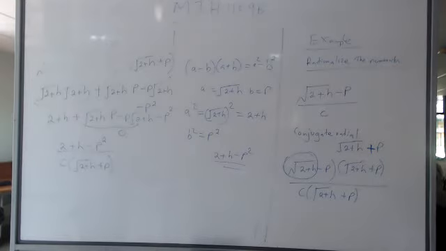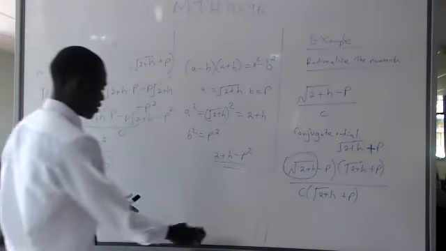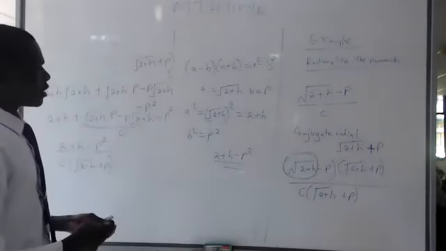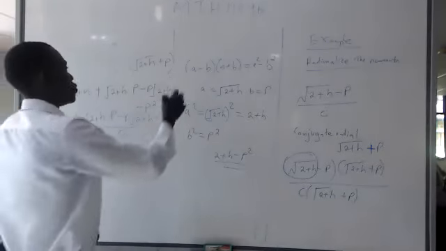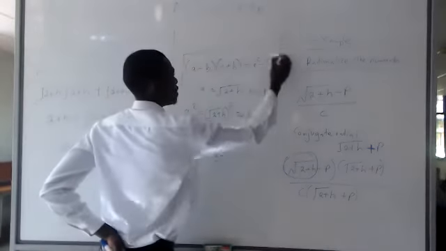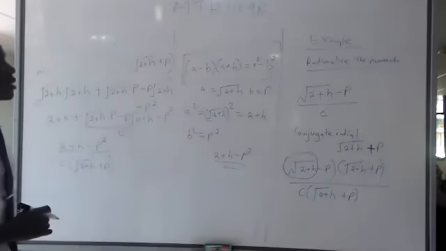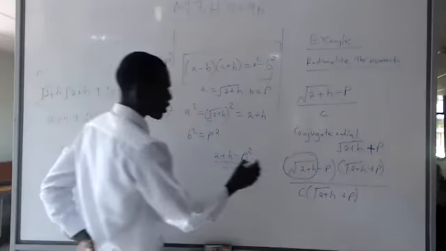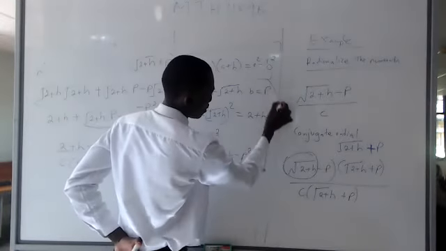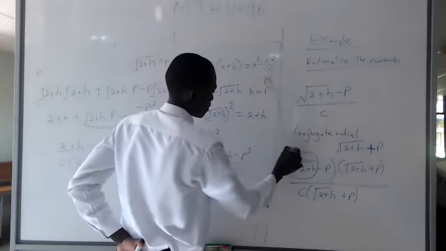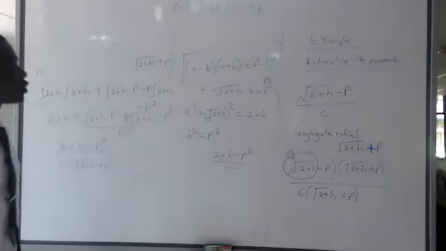Excuse me, sir. Go ahead. Where you have written a squared minus b squared, the b is negative p. You've written p. I don't understand. Because it's supposed to be negative p from the original equation. Do you remember this term that we derived, this difference of squares? I am just trying to make this expression look like this identity. Because we proved it, so it's an identity, we can use it.